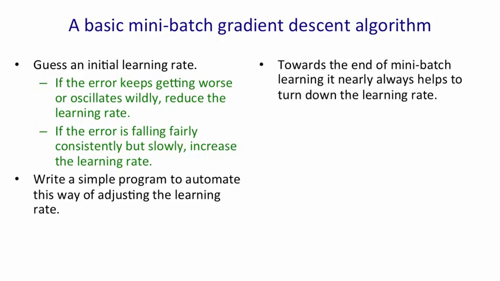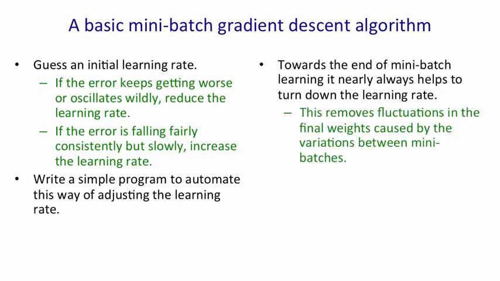One thing that nearly always helps is towards the end of learning with mini-batches, it helps to turn down the learning rate. That's because you're going to get fluctuations in the weights caused by the fluctuations in the gradients that come from the mini-batches. And you'd like a final set of weights that's a good compromise.